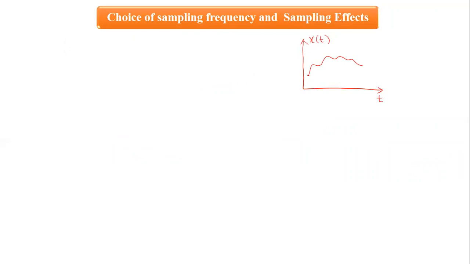When you collect the data of this analog signal at some specific uniform interval of time, this particular signal will be converted into the sampled signal, and we have samples instead of the time values.